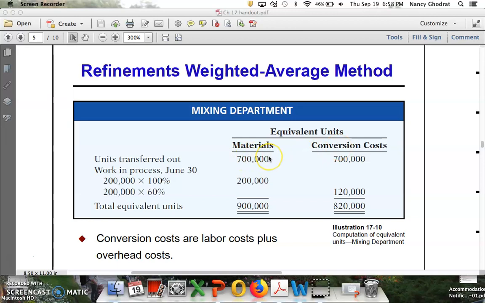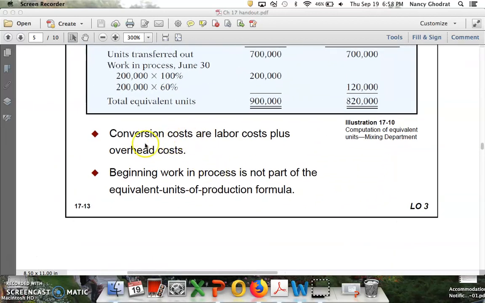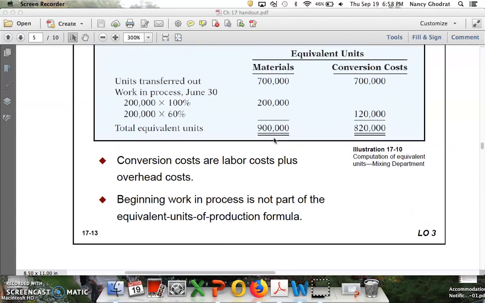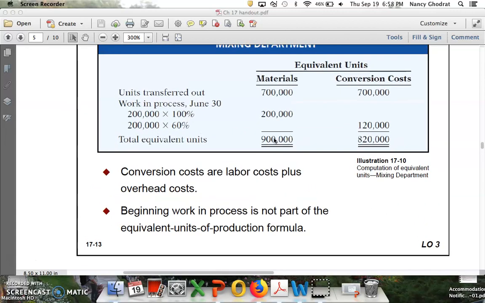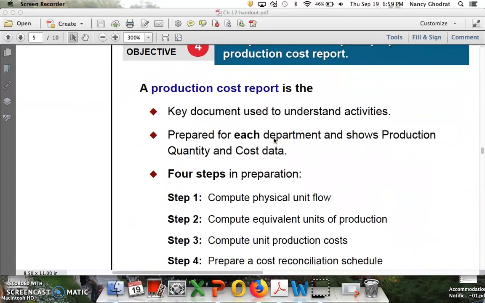That's always the case. Otherwise, we don't call them units transferred out. They would be sitting in ending work in process. And as I mentioned, conversion costs are labor costs plus overhead. Beginning work in process is not going to be part of the equivalent units of production formula. Only the units transferred out and ending work in process.